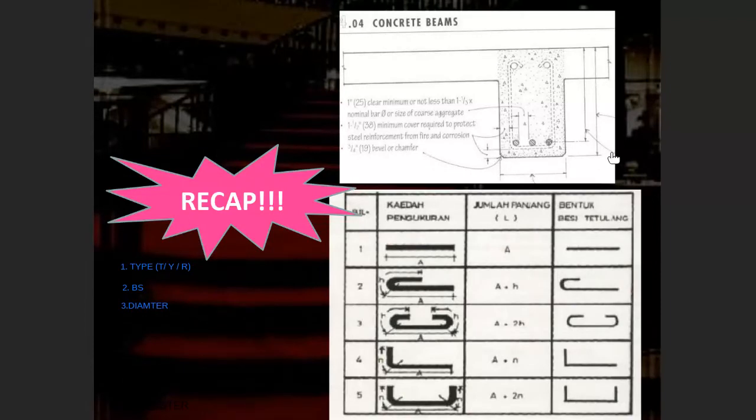After that, you have to identify the location. This location is either in staircase or step, or in landing beam or landing slab. Okay, so if you identify according to these five rules, it will be easier for you to take note of how many items that you have to measure.